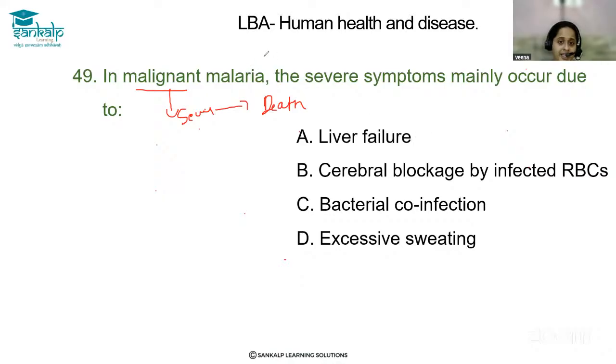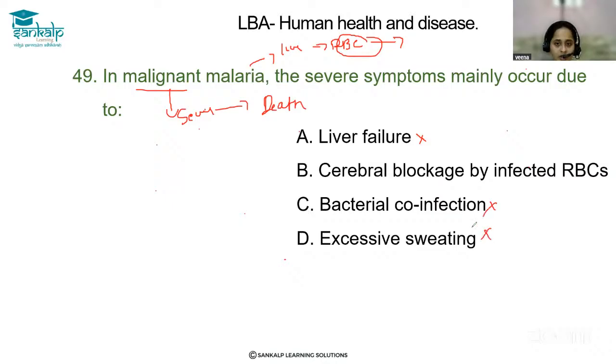In case of malaria, you have studied that it is going to affect first the liver and then RBC cells, right? So here it is affecting RBC cells. Liver failure is not correct here, because in the liver it gets multiplied. Bacterial co-infection is also not correct.